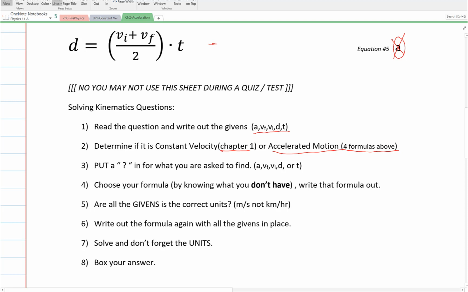Then choose your formula by knowing what you don't have, because you will have written out 3 of the givens and a question mark for the 4th. What you haven't mentioned will be the 5th, and that's how you choose your formula. Write out the formula, put all the givens in, and make sure they're in the correct units. Solve, and box your answer.